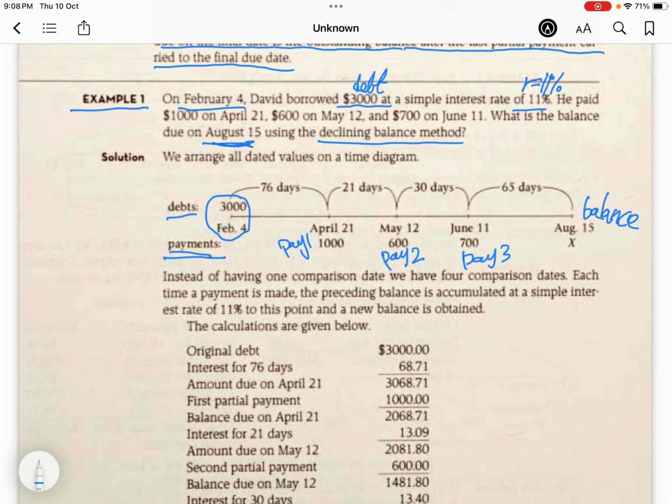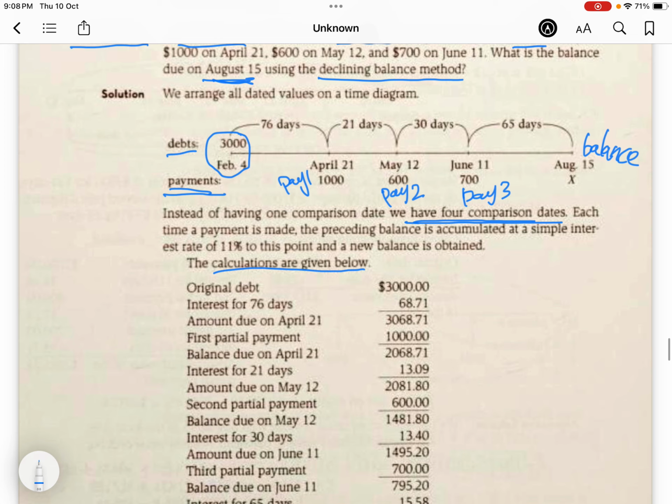Instead of having one comparison date, we have 4 comparison dates. Each time a payment is made, the preceding balance is accumulated at a simple interest rate of 11% to this point, and the new balance is obtained. The calculations are given as below.